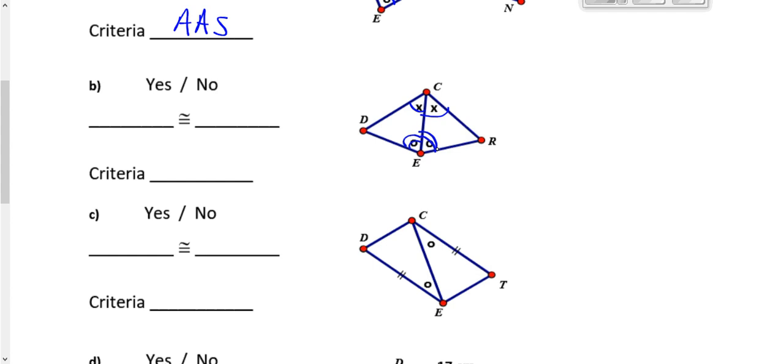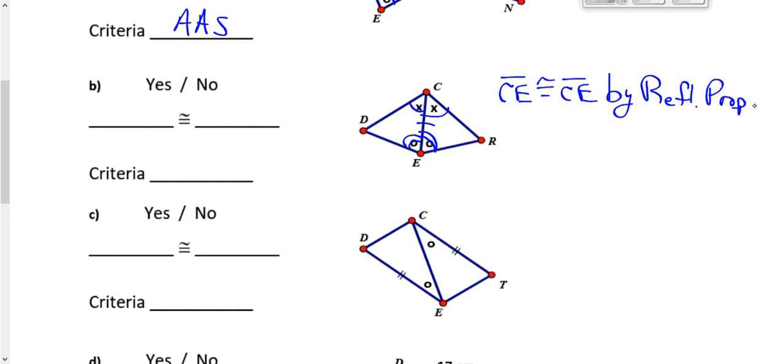Yeah. By what property? The reflexive property, right? So we know that that's congruent to itself. So we can say that CE is congruent to CE by reflexive property, okay?